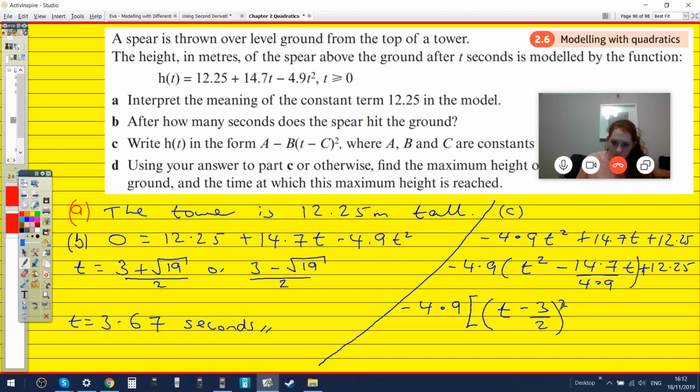So when you complete the square, you should get t minus 3/2 squared. Yeah. And what else? We've got the 12.25. Say it again, sorry. The 12.25. Yeah, and don't forget that you also have to do minus 3/2 squared. Oh yeah.